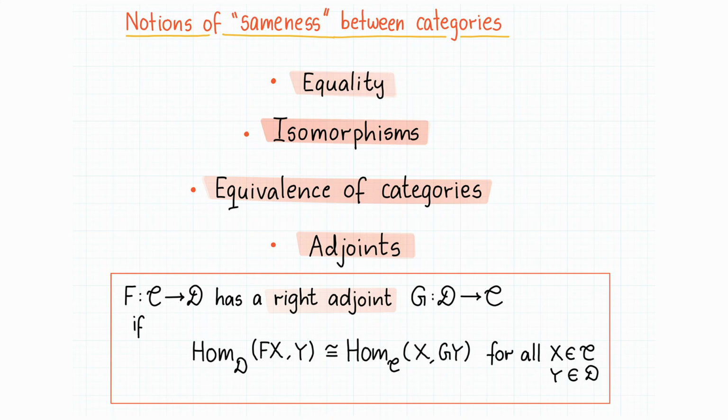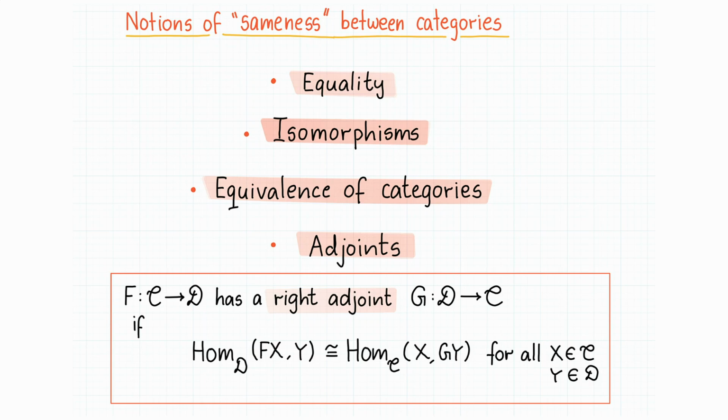So in an equivalence of categories, you really ask the morphism sets to be the same, but you can be a bit relaxed on the objects. And then finally, below equivalence of categories, you have this notion of adjoints.